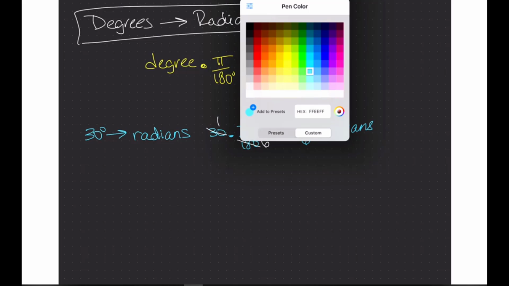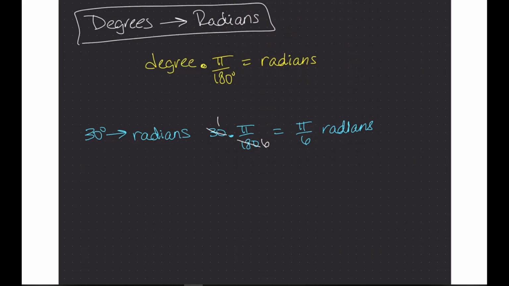You can even do these with negative degrees. So if I had a negative 135 degrees and I wanted to switch that guy into radians, what am I going to do? Negative 135 times pi over 180.